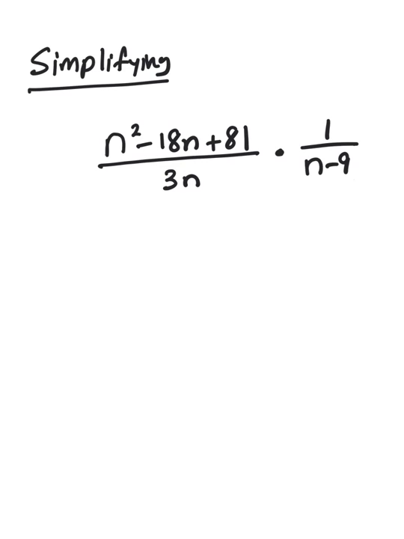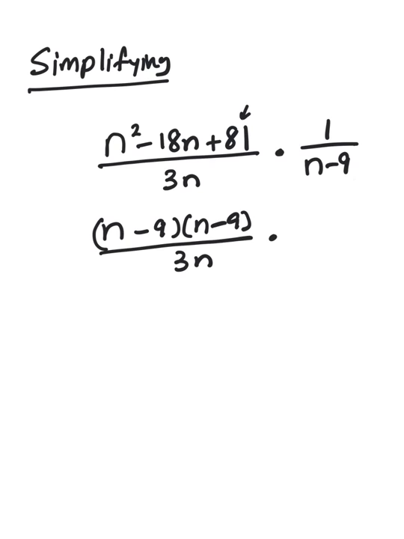Once again, we have two rationals: n squared minus 18n plus 81 divided by 3n, times 1 over n minus 9. What I recommend you do first is factor, and the only one that you can factor is n squared minus 18n plus 81. You get the factors of 81, so it's 9 and 9, so it's going to be n minus 9 times n minus 9 divided by 3n times 1 over n minus 9.